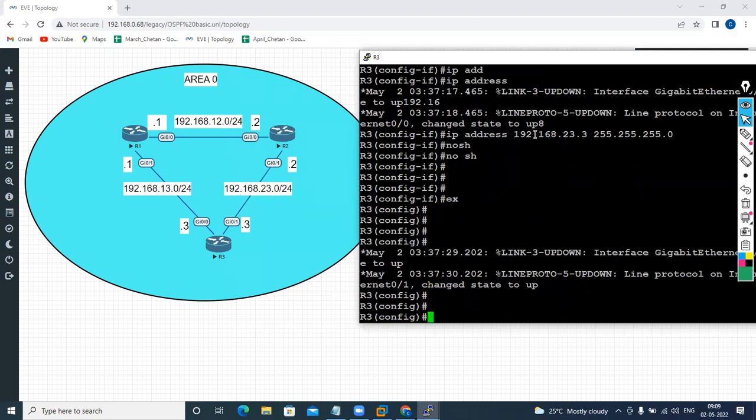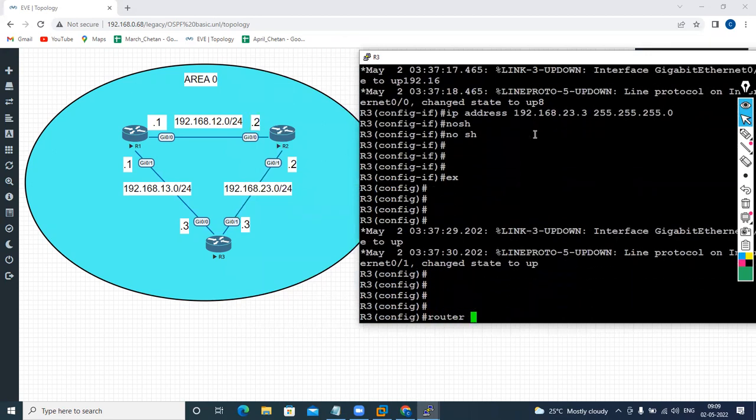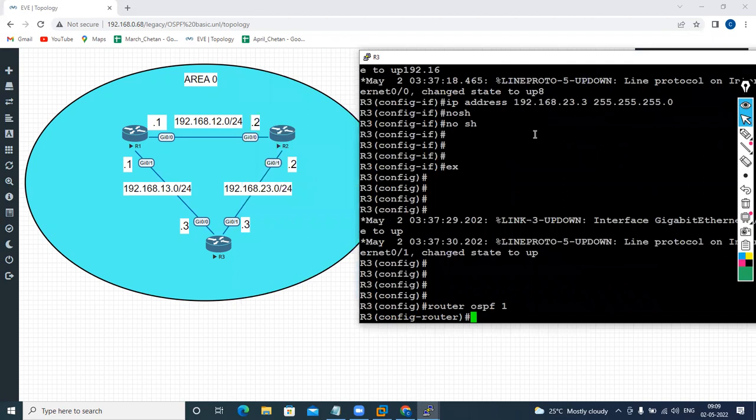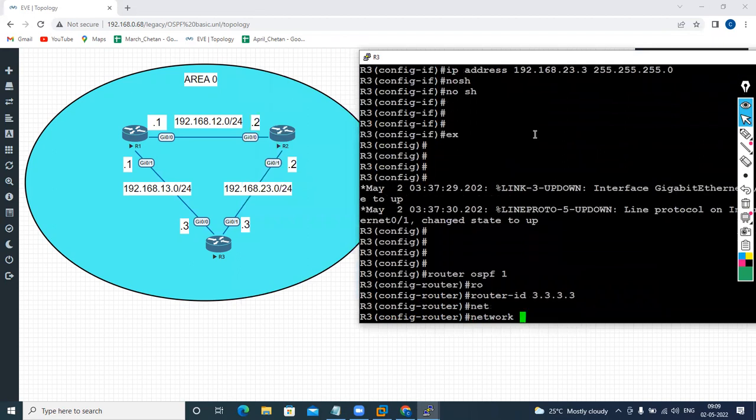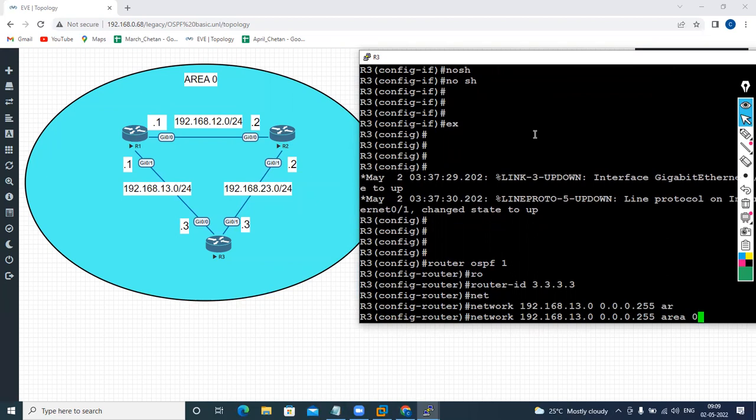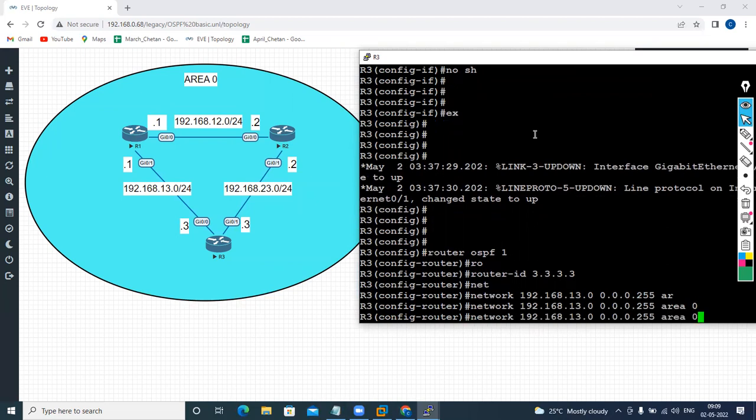So go to R3. Network 192.168.13.0, area 0. And you add 192.168.23.0.